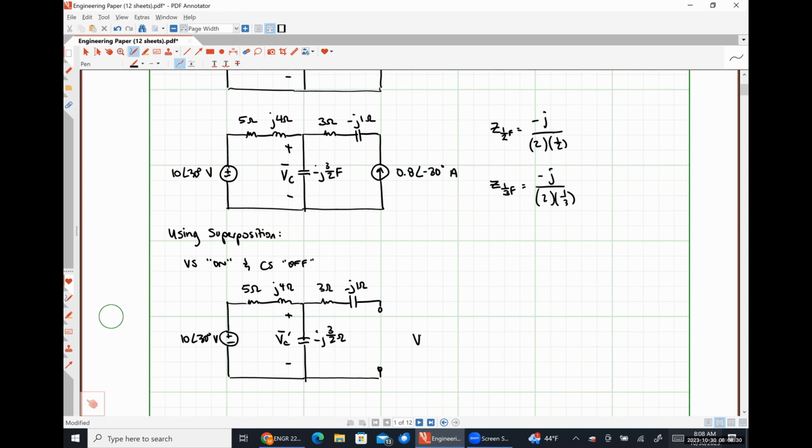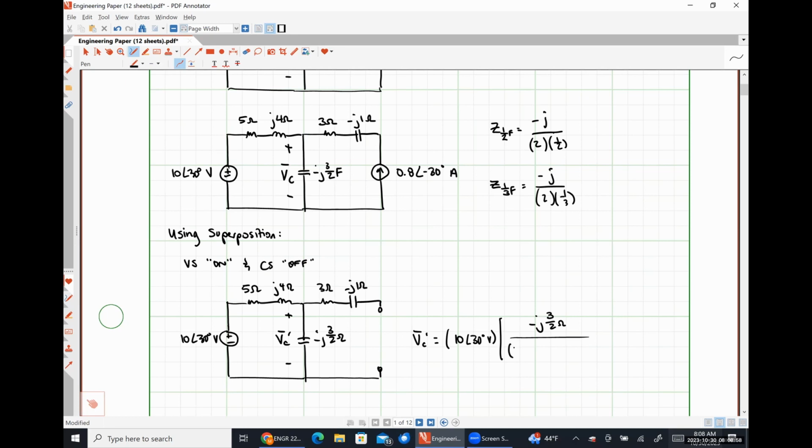So VC prime is going to be given by my voltage, 10 angle 30 degrees volts. In the numerator, I'm going to have the impedance I'm trying to find the voltage drop over. So that's going to look like negative J times 3/2 of an ohm. In the denominator, I'm going to have the series impedance seen by that voltage source.